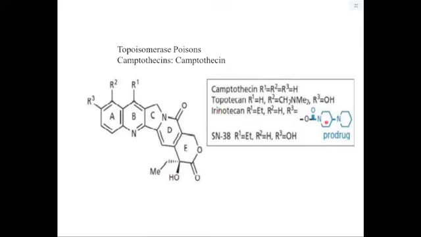When you have irinotecan, you have this slightly complex group there. This is a bipiperidine ester derivative, and you can see this is now being put at R3.